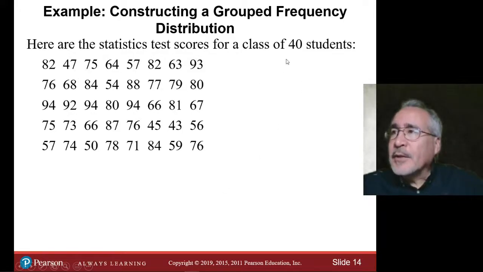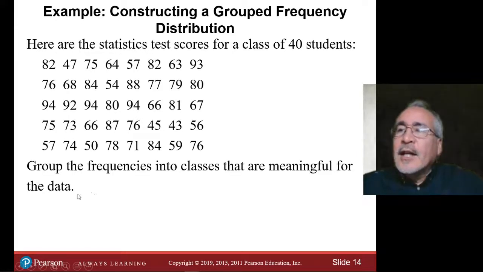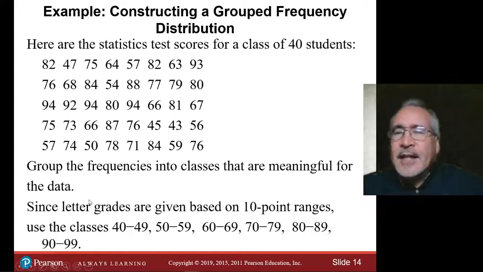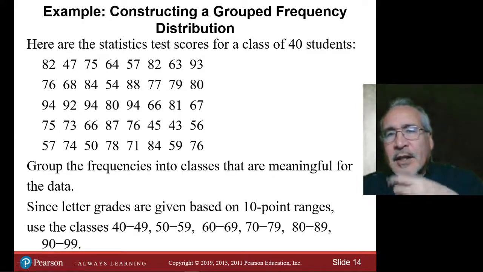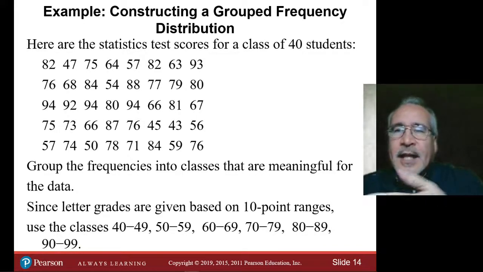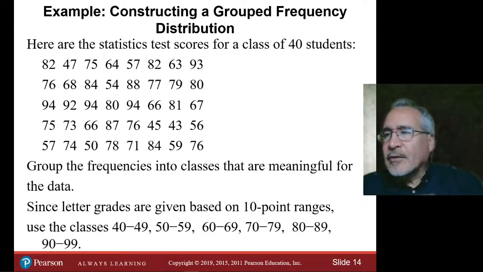Well, we start with the statistics of 40 students, and these are some test scores. What we want to do is group the frequencies into classes that are meaningful for the data. What they're going to suggest, I'll just click it, is that letter grades are generally every 10, 90 to 100 is an A, 80 to 90, and so forth.